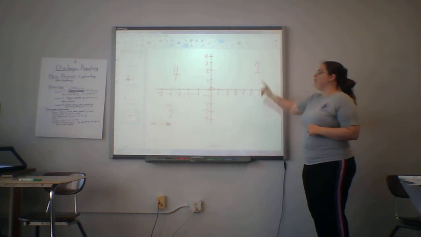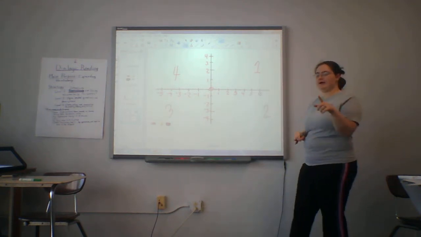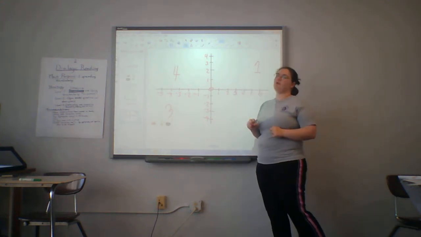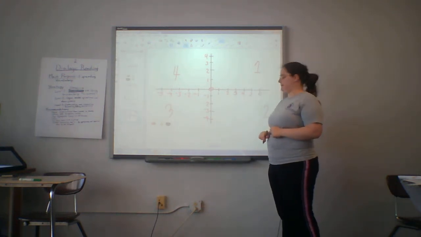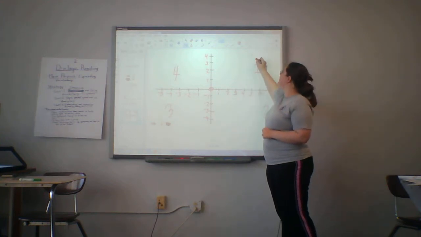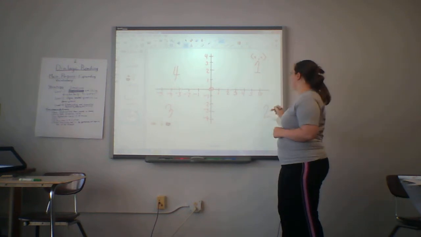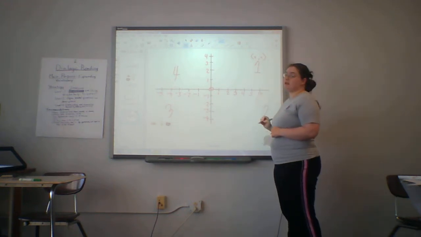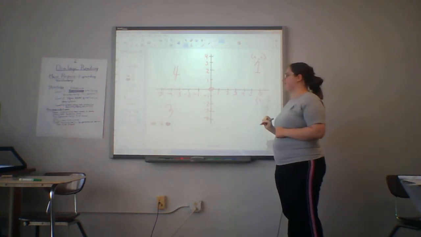Okay. Which kind of coordinate pairs? Who remembers that term? Coordinate pairs. Which kind of coordinate pairs go here in quadrant 1? Positive numbers. Good. Then in quadrant 2, we have negative numbers.